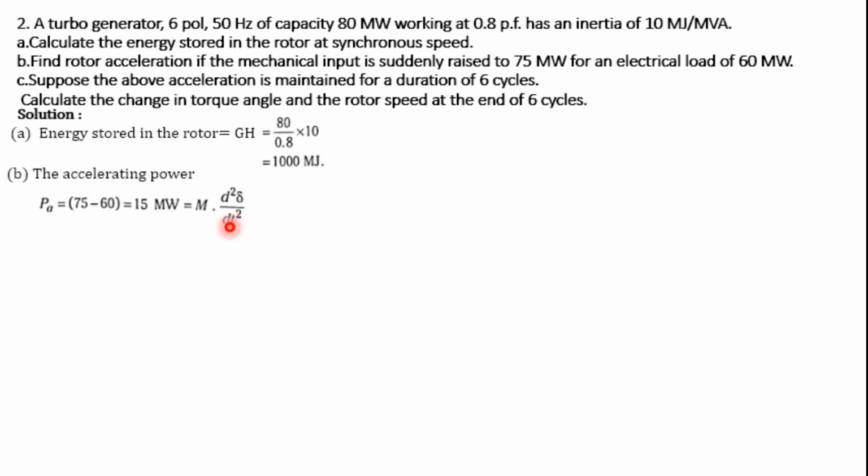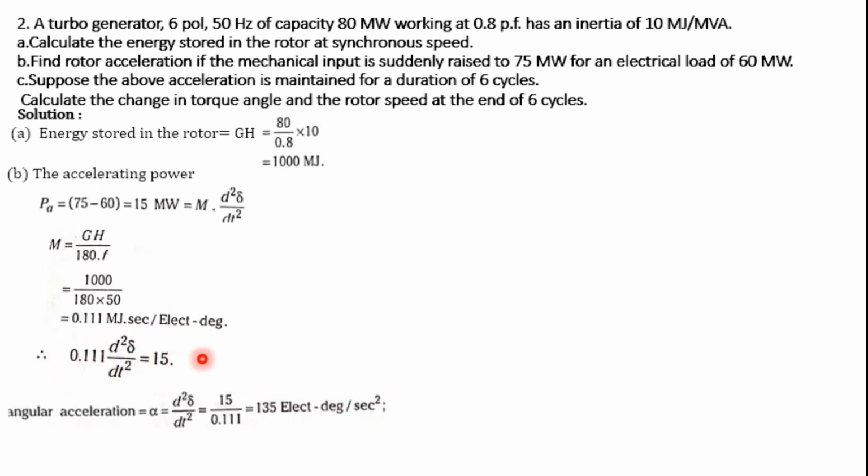We already know this with the help of the swing equation: PA is equal to M into d square delta divided by dt square. Substituting G into H and the frequency, I'll get the M value as 0.111 megajoule second per electrical degree. So 0.111 d square delta divided by dt square is equal to 15.